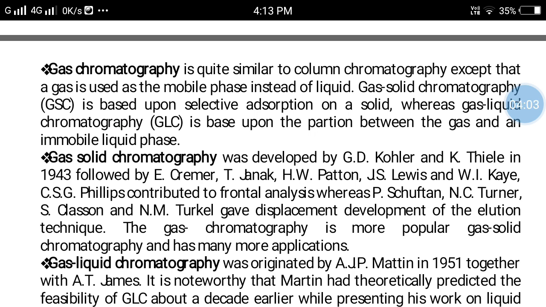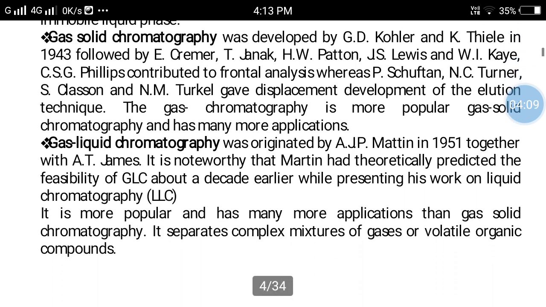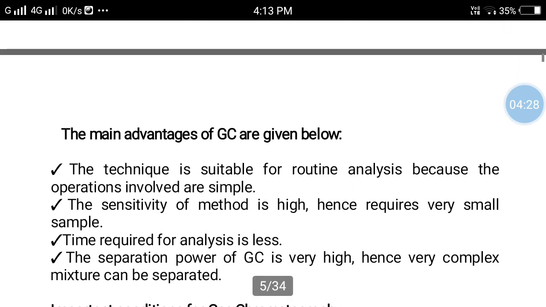GSC was developed in 1943, while GLC was developed in 1951. GLC is more popular and has many more applications than GSC. It separates complex mixtures of gases or volatile organic compounds.